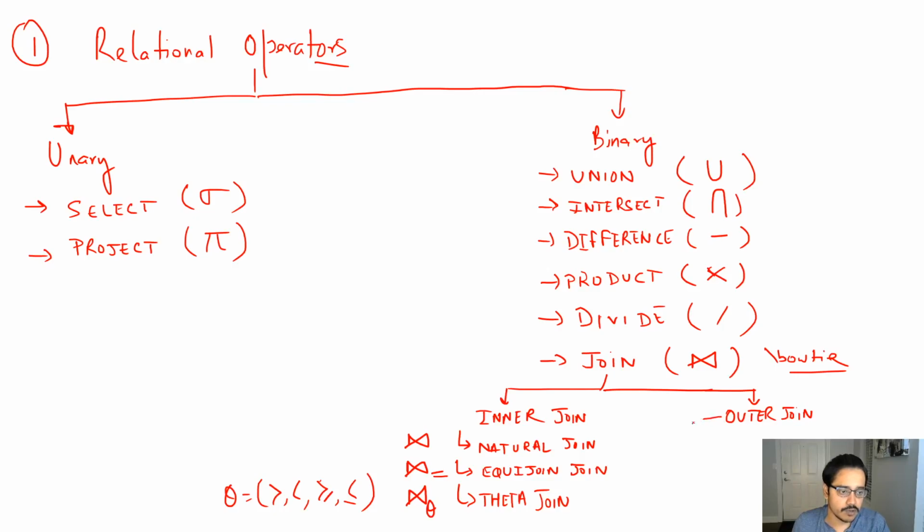Whereas for the outer join, there are two types: the left outer join and the right outer join. I'm simply going to write left, but it is outer join, remember that. If you combine left and right together, you get what is known as the full outer join as well, but we necessarily don't go there.